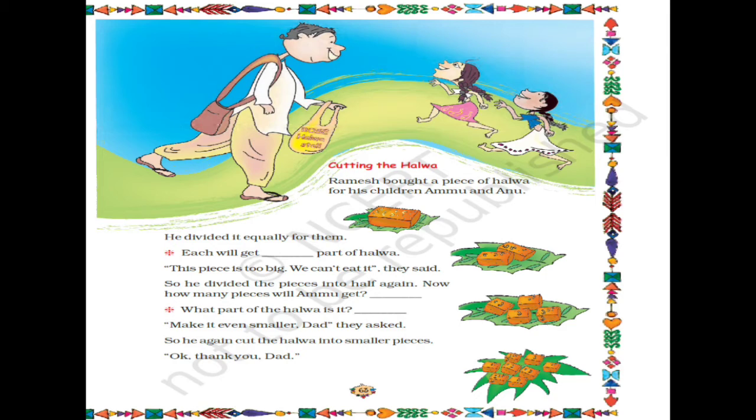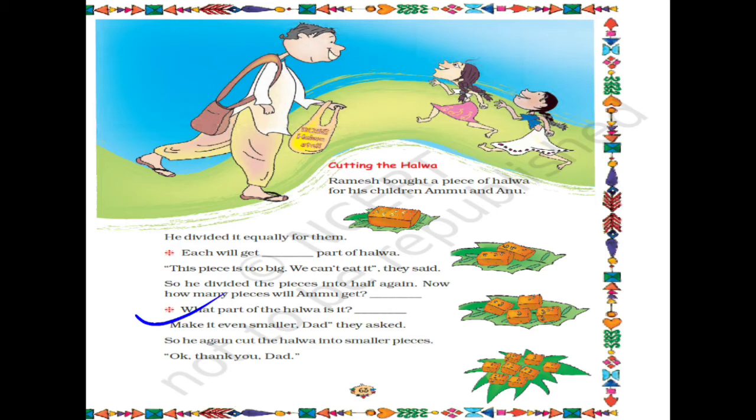So he has divided it into 2 parts again. So in total there are 4 pieces, 4 parts, right? So how many parts will Ammu get? She will be getting 2 by 2 pieces. So you will write here 2 pieces. In the next blank you will write 2 pieces.